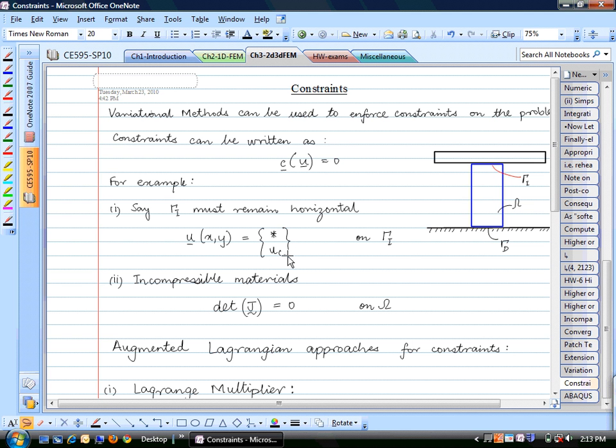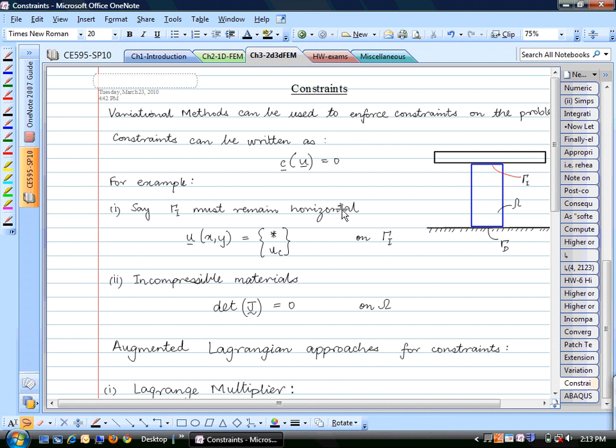So this is one way to express a constraint on your system. If you remember, in the end, you will get a k times d minus f. How do you make sure that whatever final answer that you get from your k d minus f satisfies the constraint that this edge remains horizontal? That's what we are trying to talk about here.